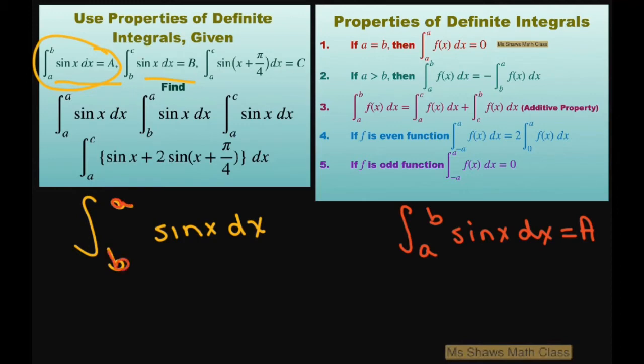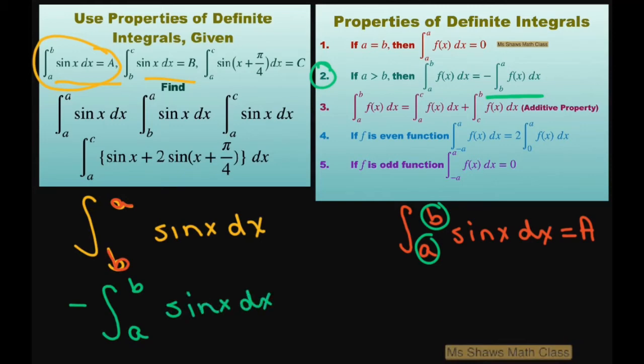So basically using property 2, I can reverse my limits by putting a negative in front. I can rewrite it this way: the upper limit is b, the lower limit is a, so we have sine of x dx. All right, well this part here we already know equals a because it's given, but we have this negative in front, so our answer is negative a. All right, so there's that one.